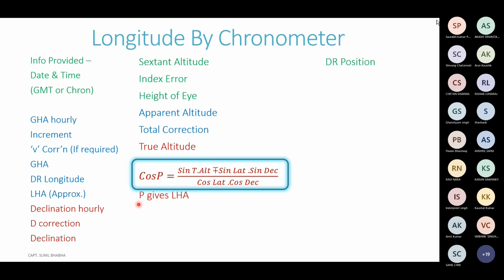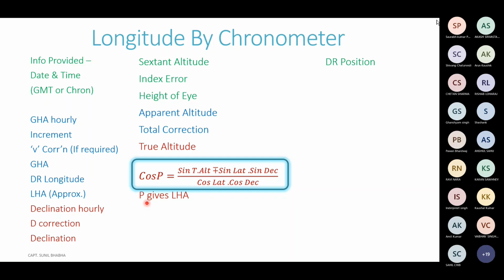Now, once you obtain the value of P from this formula, from this value of P we can obtain the exact or accurate LHA. We calculated the LHA using the DR longitude also, but that was approximate.